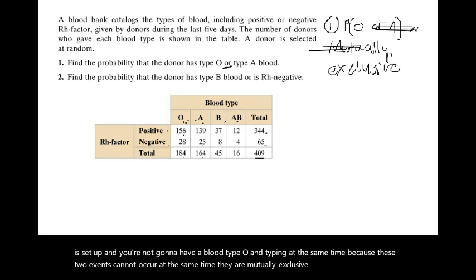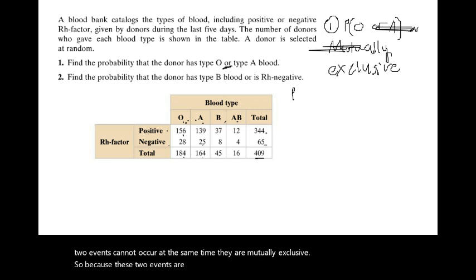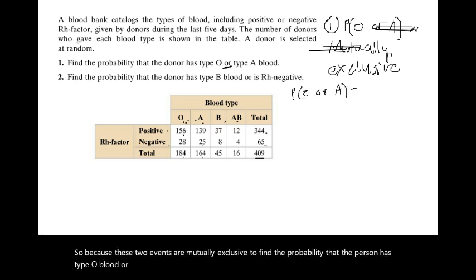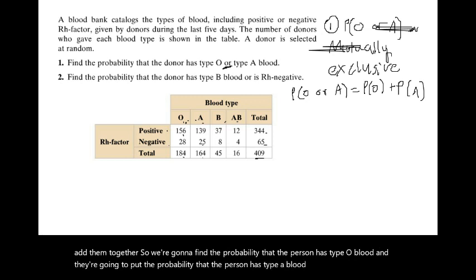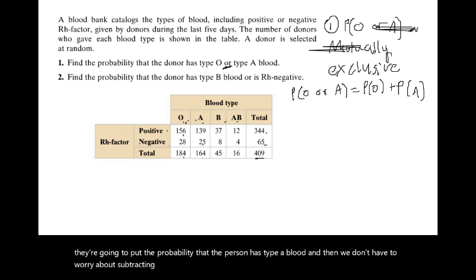So to find the probability that the person has type O blood or type A blood, all we have to do is find each of those separate probabilities and add them together. We don't have to worry about subtracting any overlap because there is no overlap.